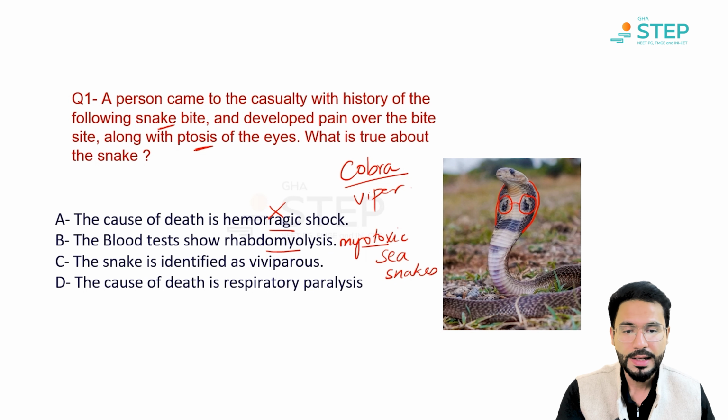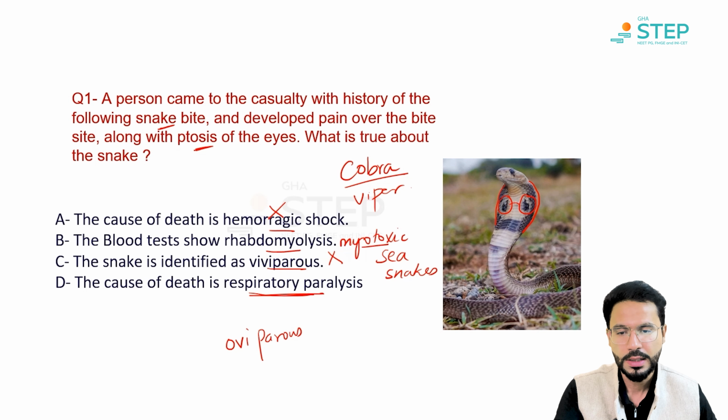The snake is identified as viviparous. Is the cobra a viviparous snake? No. Cobra is an oviparous snake. The cause of death is respiratory failure. So respiratory failure here is the correct option. Option D is correct because cobra is a neurotoxic snake which causes death by respiratory paralysis.